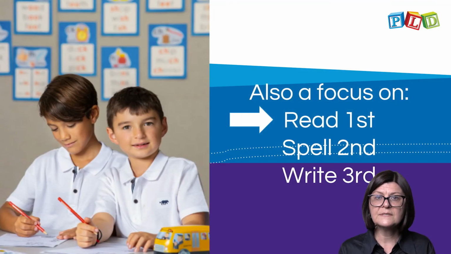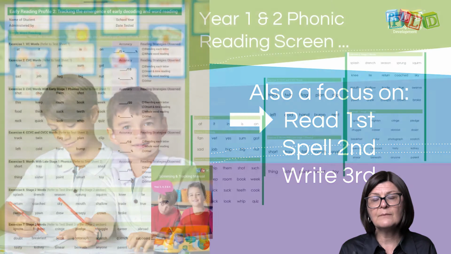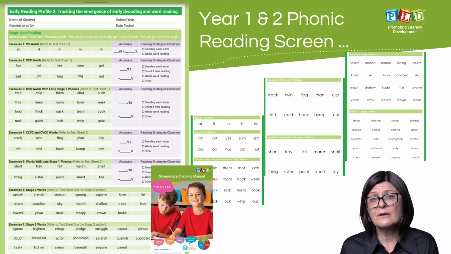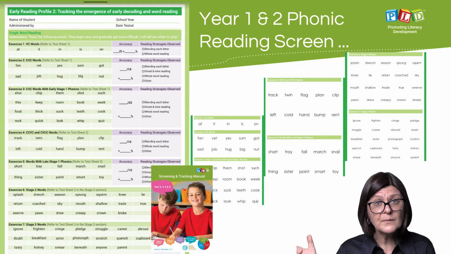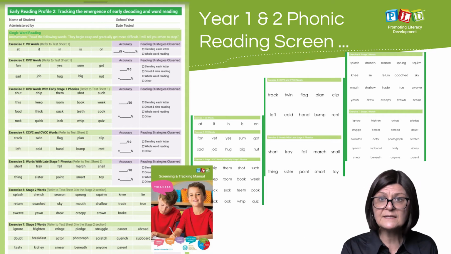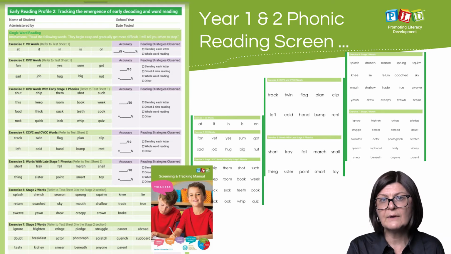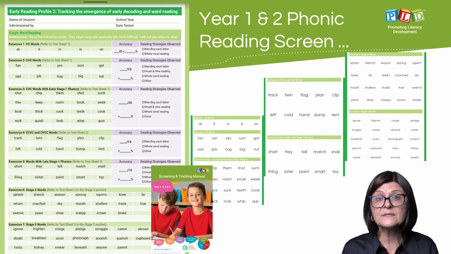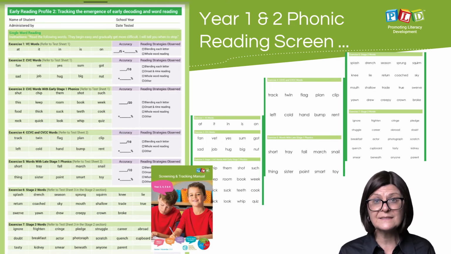Also in the course is a focus on reading, and particularly the students that are operating at a junior primary level. There is a reading screen. So you might be in middle and upper primary, but checks need to be put in place to look at early reading skills for this particular group of students, looking at how accurately they're reading phonic-based words, but also their automaticity.